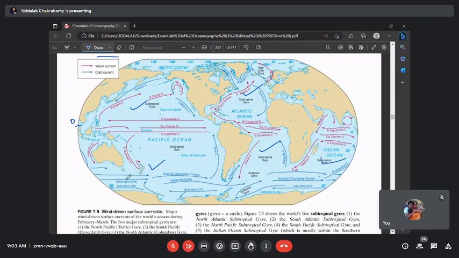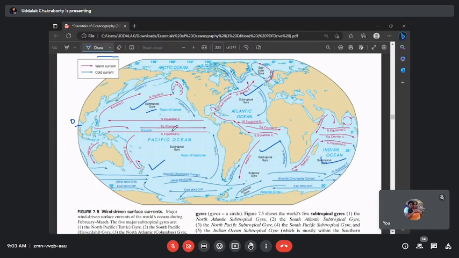These major sectors that I'm mentioning were known as oceanic gyres: the North Pacific gyre, the South Pacific gyre, the North Atlantic gyre, the South Atlantic gyre, and the Indian Ocean gyre. Gyre actually means the circulation pattern.